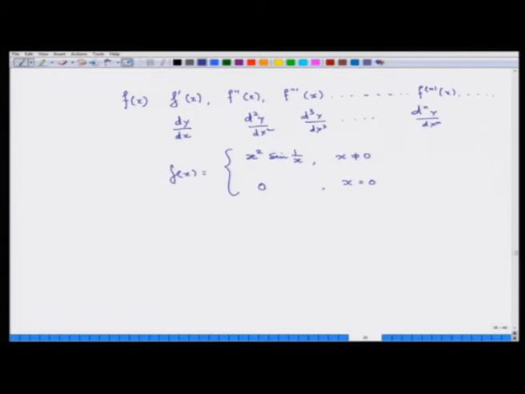This is very important. This function has f dash 0, but no f double dash 0. Check whether what I have told is true.